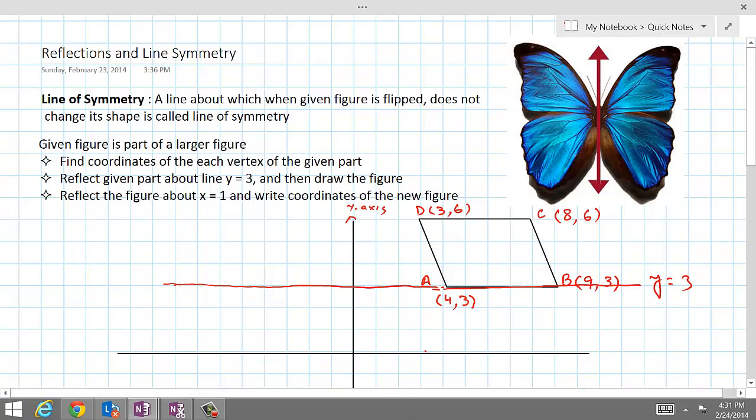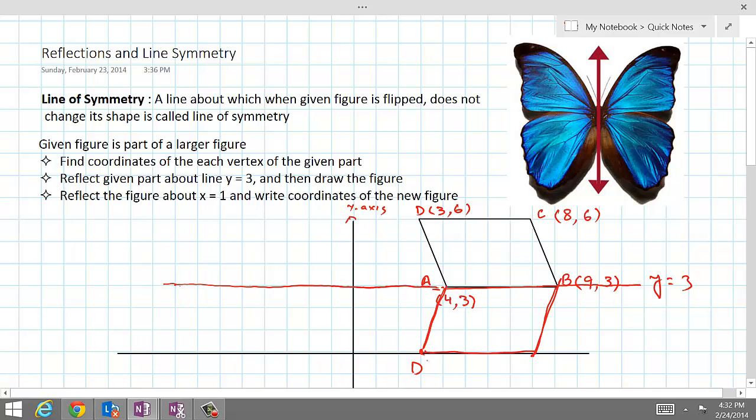So D will become here. This is D, and we can draw this line here. Similarly, C is 3 units above the line, so C would now be 3 units below the line, and this would be the line. We can similarly draw this line and join both of these lines.